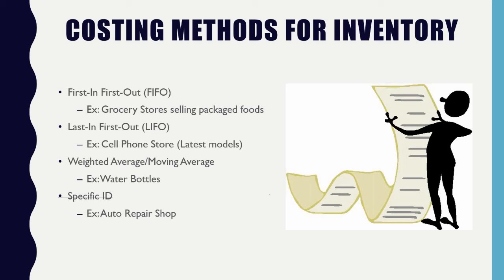The reason a costing method comes into play is that when we actually sell our items, we're not keeping track of sales. All we're doing is keeping track of the purchases we've made. So all we're doing is collecting how much inventory we've collected so far.